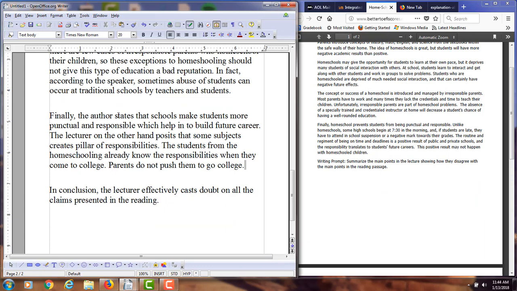So finally, the author states that schools make students more punctual and responsible.